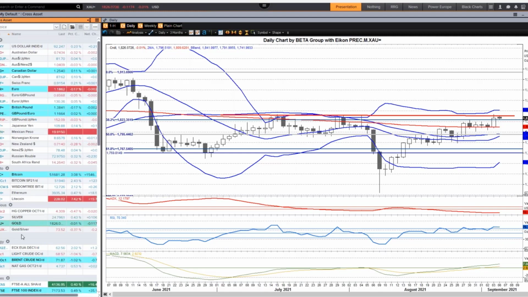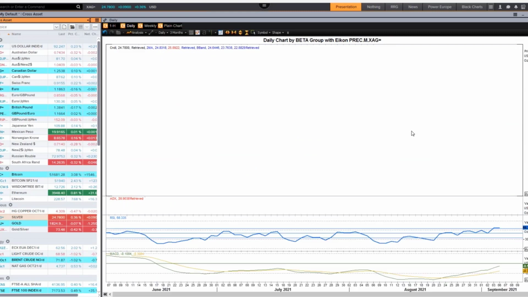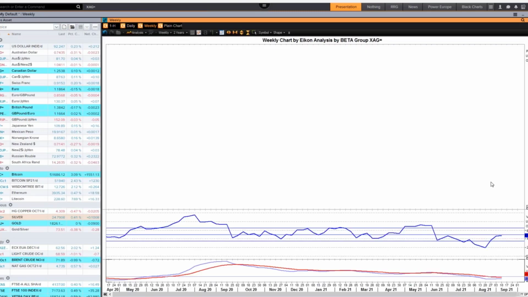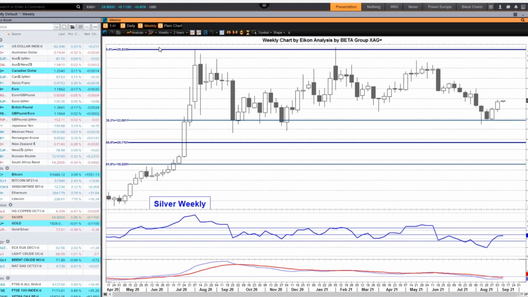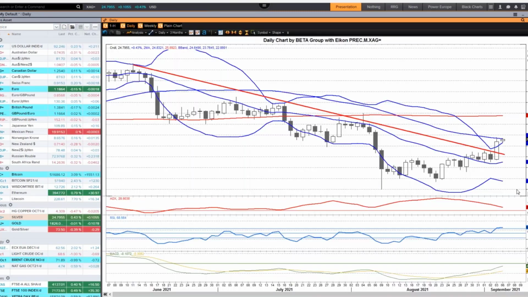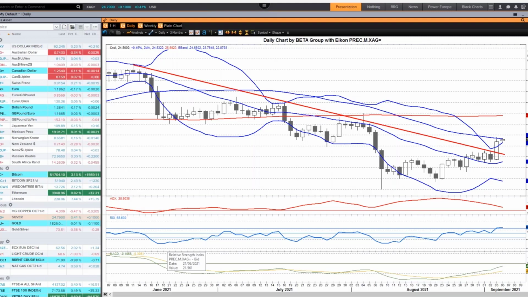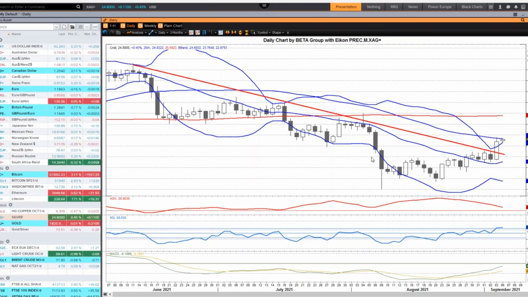But if you look at the silver compared to the gold, the silver has broken up here, after these two lows. Look at the weekly chart here, and it's broken up. But I think the silver is heading towards resistance here too. Now think of the gold, you're in the resistance area and it can clear it, and above that there is some space, whereas here we're heading into the resistance.